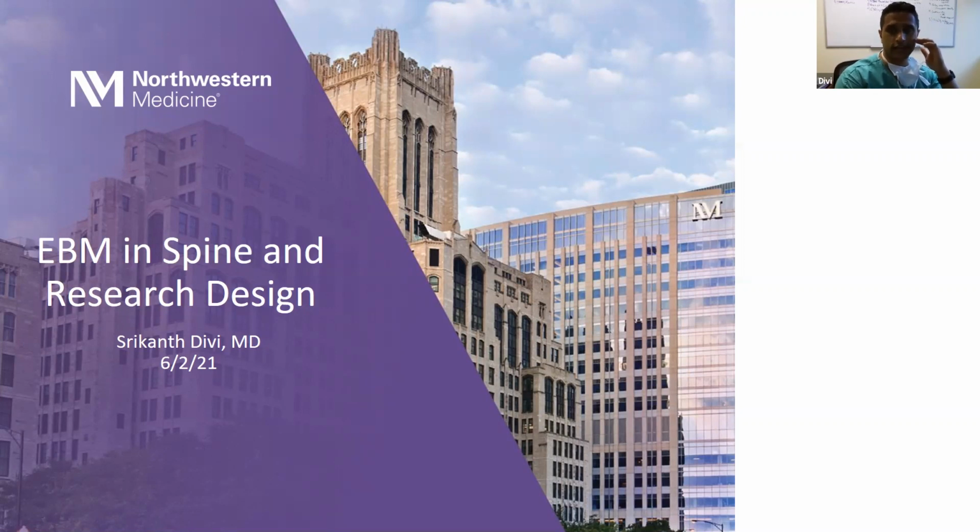Research design is important because we're all familiar with the way our orthopedic studies are designed, but that's because orthopedic and, in general, surgery studies work better in a certain way. For example, retrospective comparative studies. It's hard to do prospective studies, but we'll get into that. We'll talk about what happens when people have tried in the past to design well-designed prospective studies.